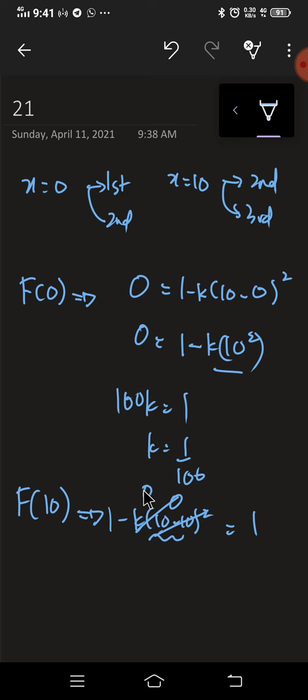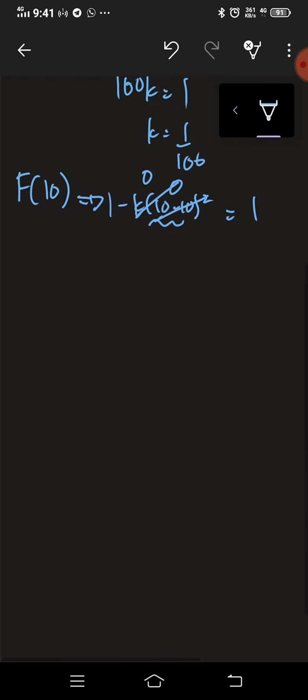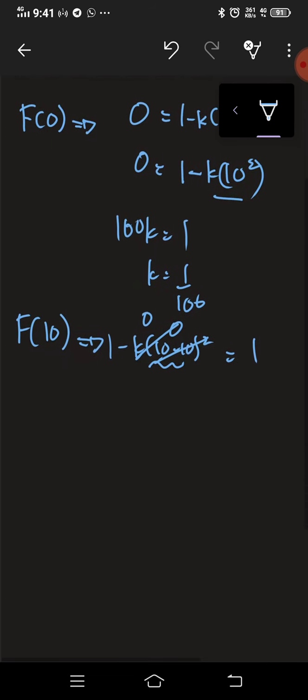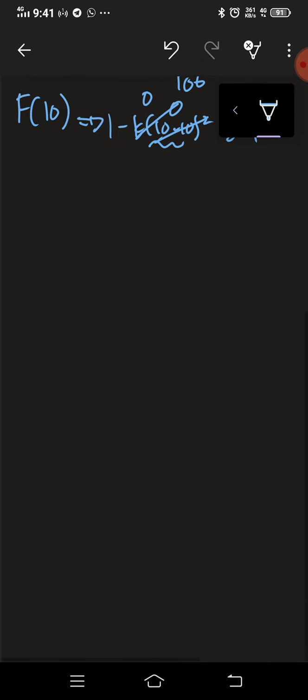So for any question to find the value of a constant, we can find it by using a value in the interval, and we use the different functions to compare. So for this one we can only use F of 0. Now we know that k is equal to 1 over 100.